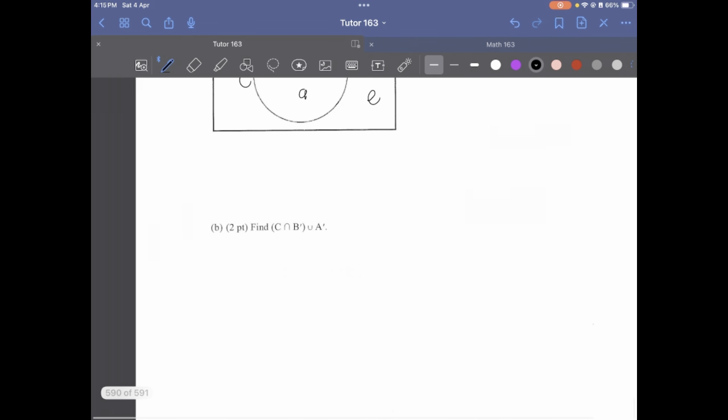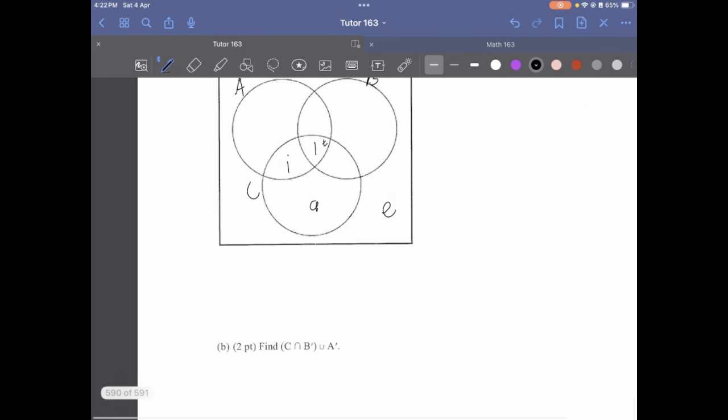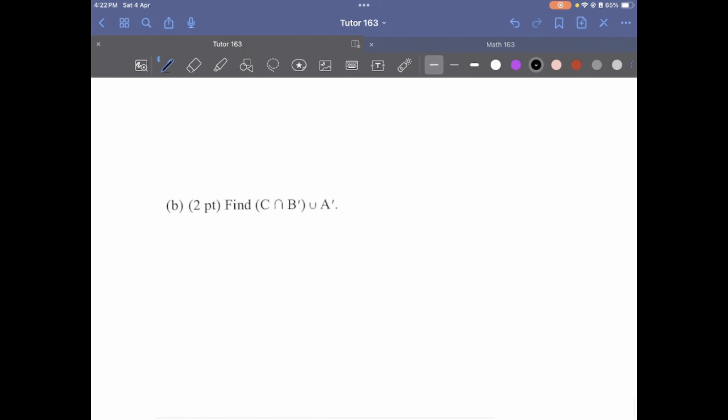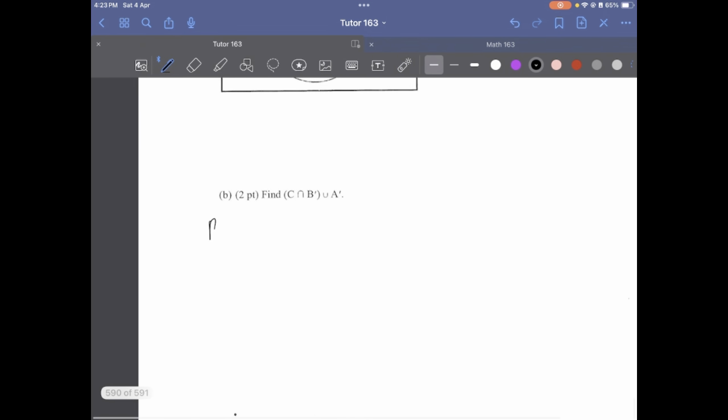Okay, so find C intersection B complement union with A complement. Okay, so to approach this, we're gonna break it up, right? So let's say C intersection with B complement. So what I'm gonna look for first is B complement. So let's look for everything outside of B, right?